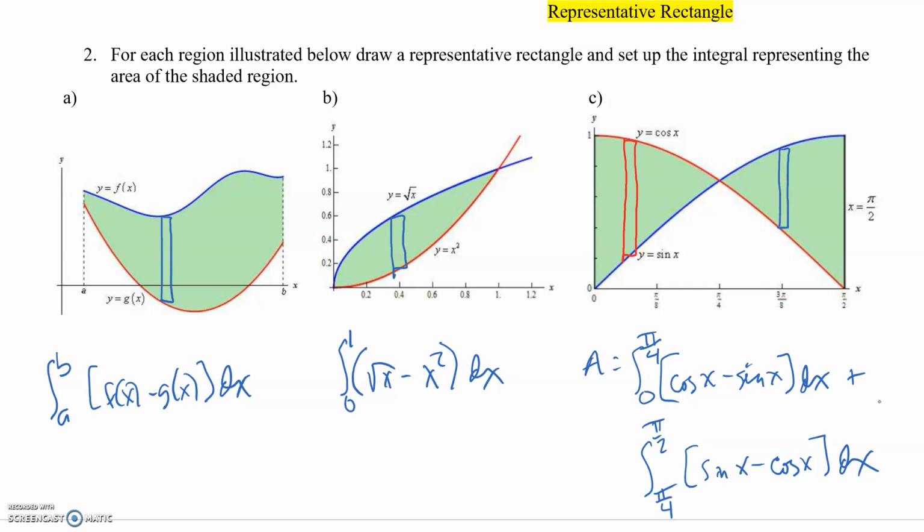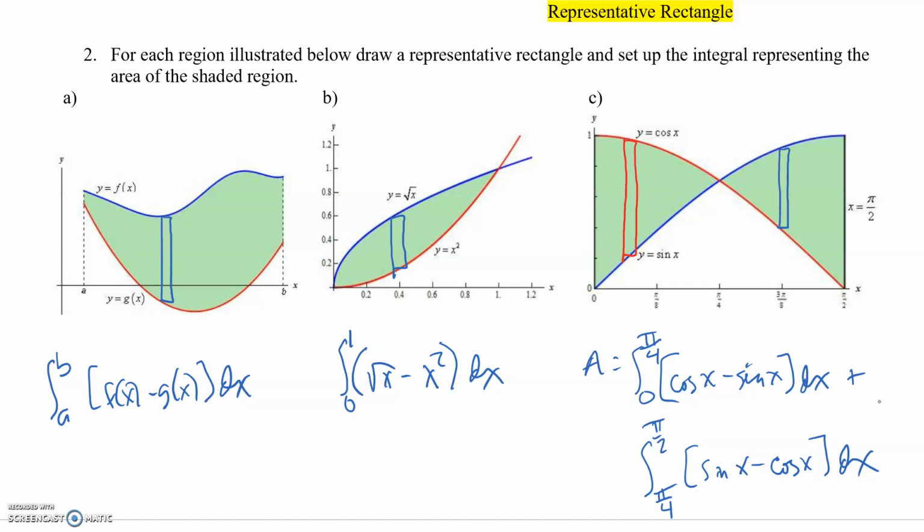Yes, Johnny? How do you know which is f of x and which is g of x? Like in the first, how did you know it's cosine x minus sine x instead of sine x minus cosine x? So for the first definite integral, the reason that cosine x is showing up first is because it's the greater function on that interval. So you want the greater function minus the smaller function.